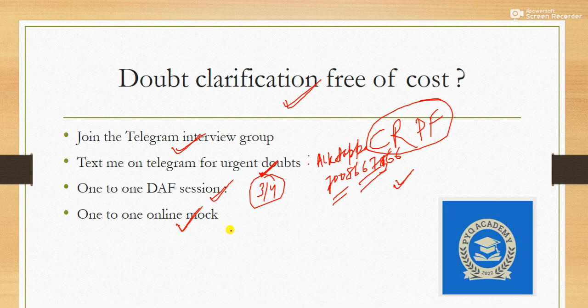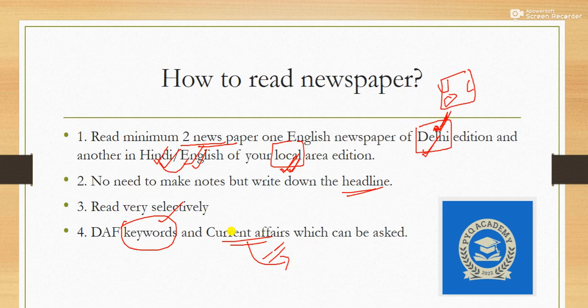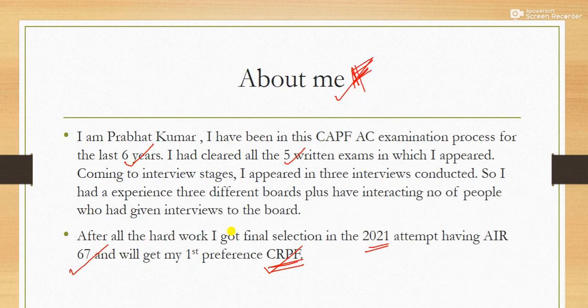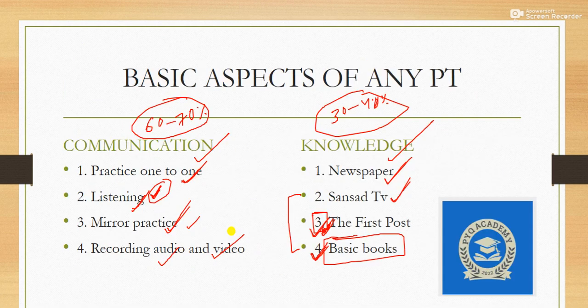So whatever I told, please follow these things, because whatever I have described in this video, I did everything. I practiced one-to-one mocks. You will not believe that I practiced one-to-one for more than 1.5 years continuously, because last time when I gave the 2020 interview, I secured only 78 marks, and that was just because of a blunder.